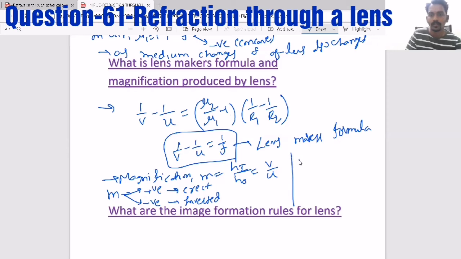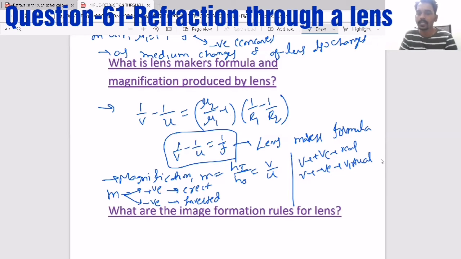Now, V positive means real here. V negative means object side, which means virtual. But in case of a mirror it is reverse: if the image is forming on the object side, that is real, and the other side virtual. But here if the image is forming on the other side of the lens, then it is real, otherwise it is virtual. And magnitude of magnification greater than 1 means enlarged image, less than 1 means diminished image.